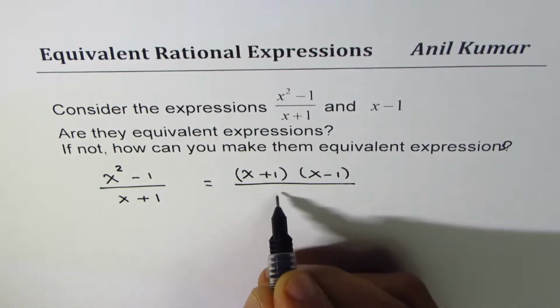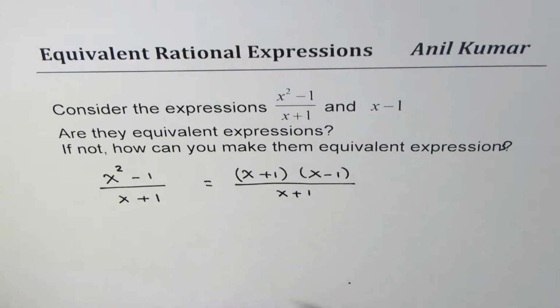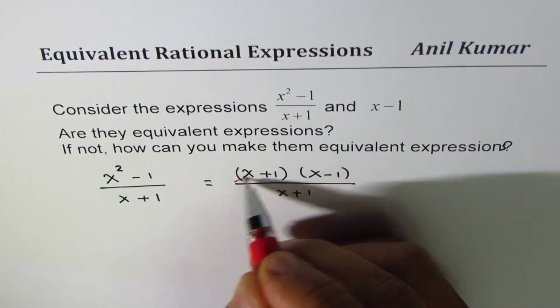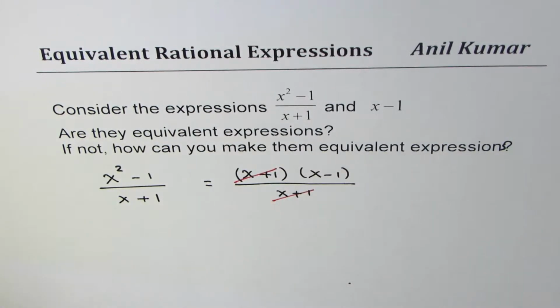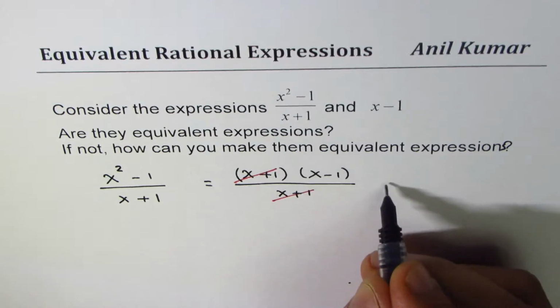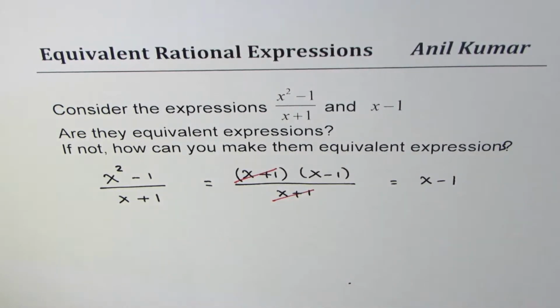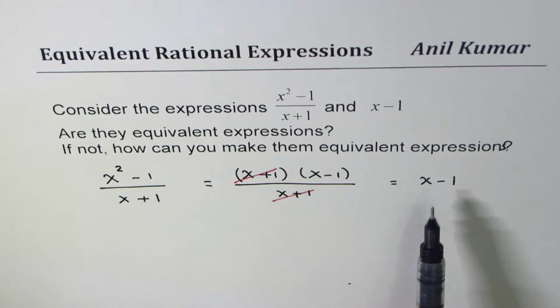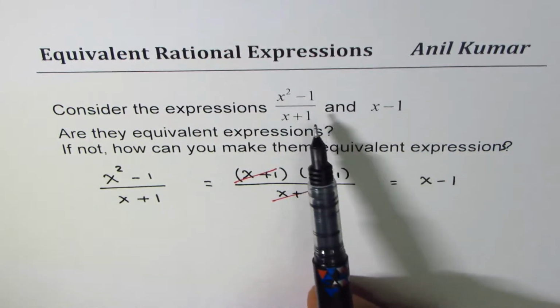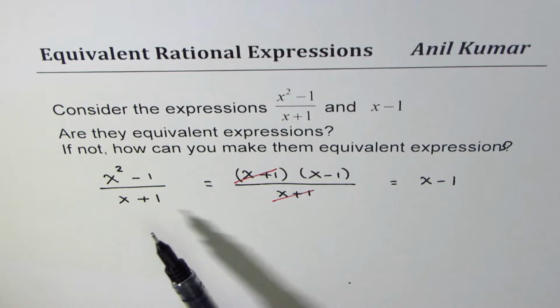The denominator is x plus 1. And now, I could always simplify this. We have common factors in numerator and denominator. So that gives us x minus 1, right? And that is how we find that they are somehow related.